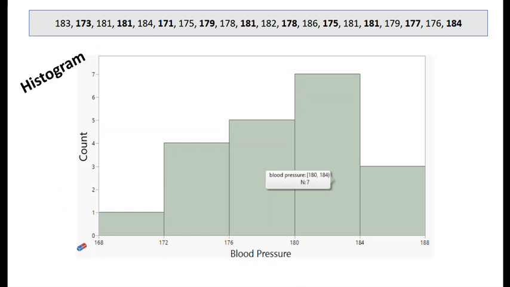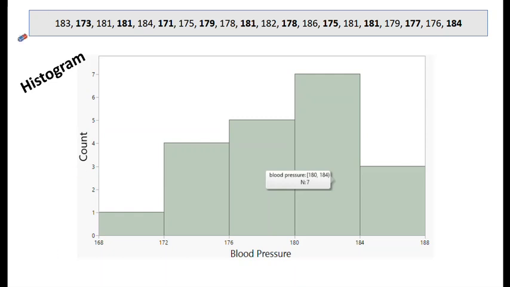It wouldn't be feasible, right? So what we do instead is that we create multiple ranges or bins of the same width and then assign the different data points to each bin. After that, we simply count the frequency of the data points belonging to each bin.